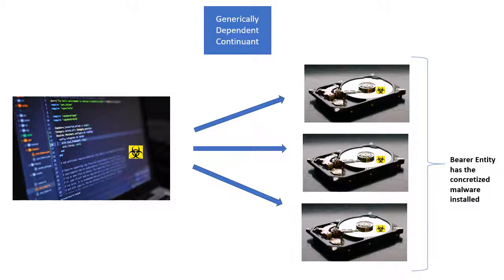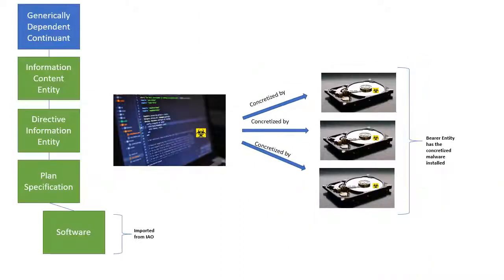Rather, the fact that malware can be encoded on several different artifacts and the fact that it can be copied suggests that it is some kind of generically dependent continuant. So from the information artifact ontology, I borrowed the term software and used that to build out what malware actually is.